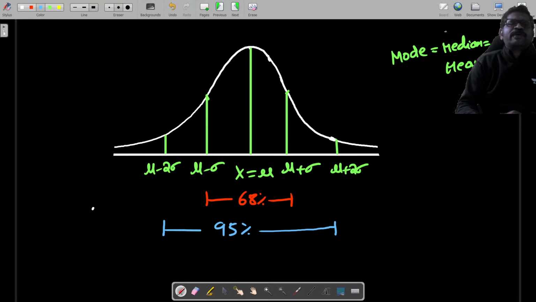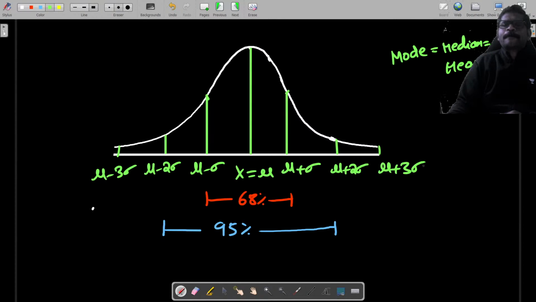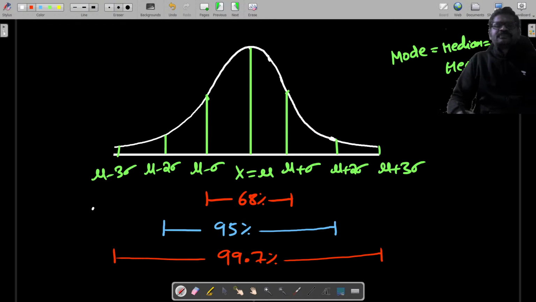The area bounded by mu minus 3 sigma to mu plus 3 sigma is 99.7%. To repeat: mu minus sigma to mu plus sigma is 68%, mu minus 2 sigma to mu plus 2 sigma is 95%, and mu minus 3 sigma to mu plus 3 sigma is 99.7%.